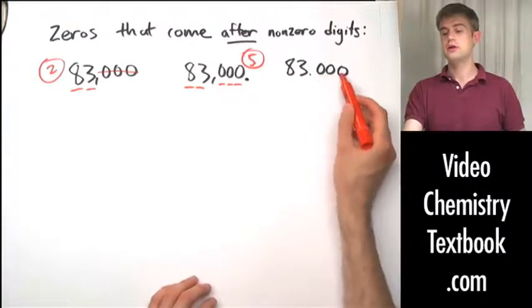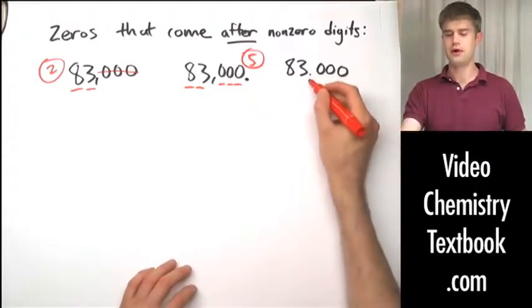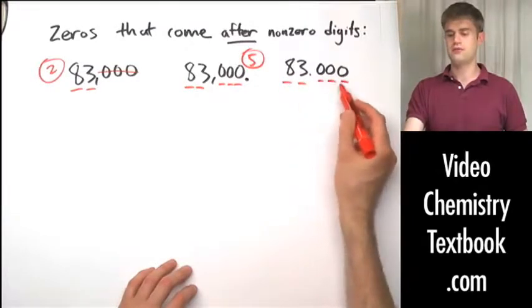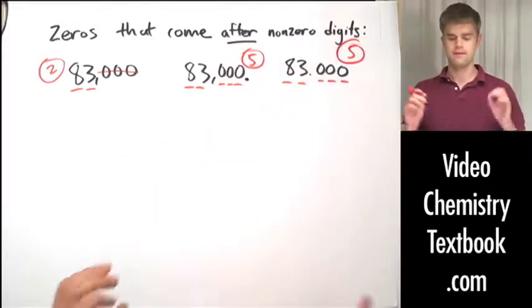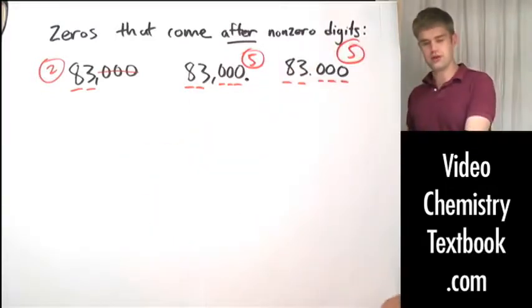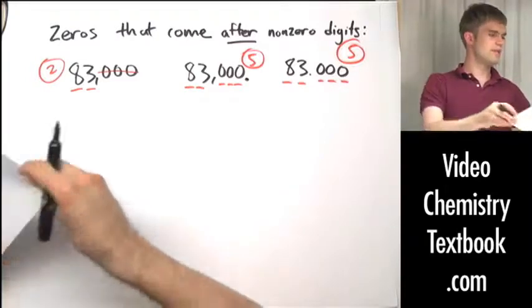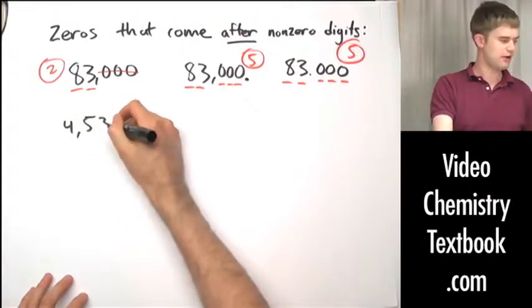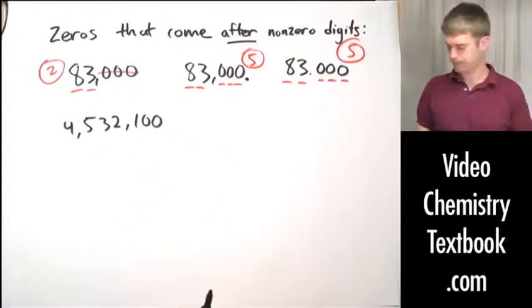83.000. Here are zeros coming to the right. We ask our question: is there a decimal point in the number? Yes, there is. So in this case, all three of these zeros after the decimal point are significant. Again, 5 significant figures in this number. Let's look at a couple more examples. Let's say we have 4,532,100.